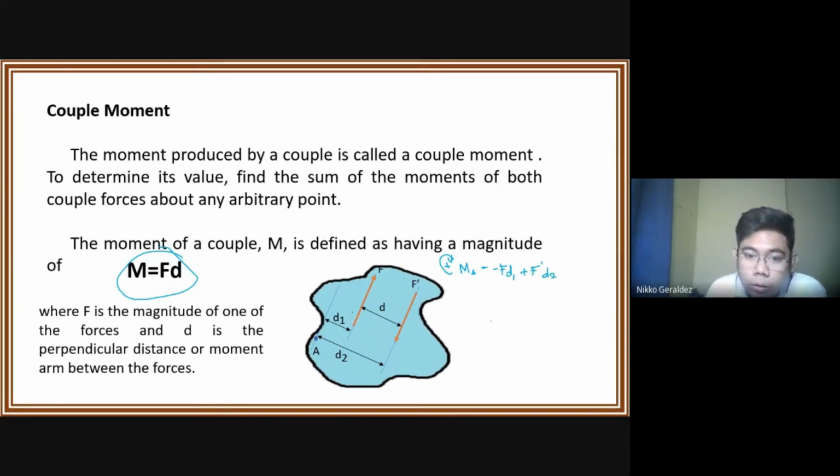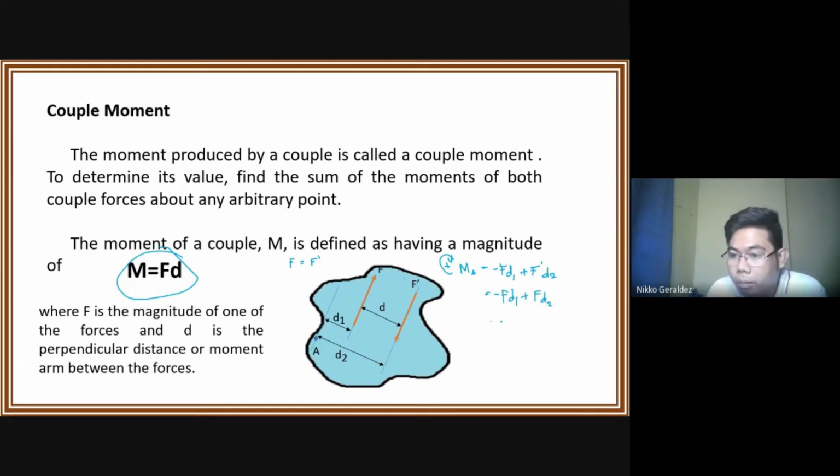So the forces in the couple are equal in magnitude, which means F is equal to F prime. So we can say negative F times d1 plus F times d2.